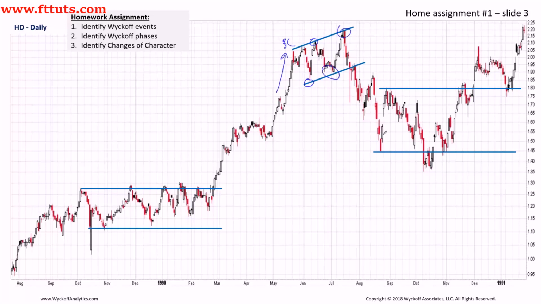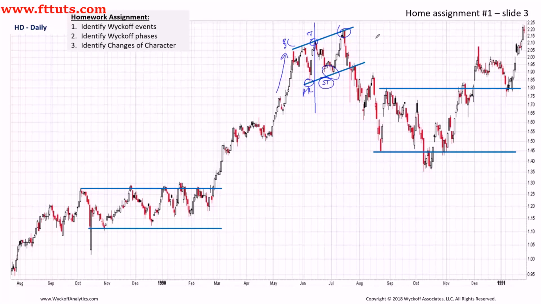The next point would be the automatic reaction, followed by the secondary test, phase A, and then followed by phase B, where the price comes and tests. I could see two small tests. We see that too. Yeah, another secondary test. Okay, so where is our phase C?